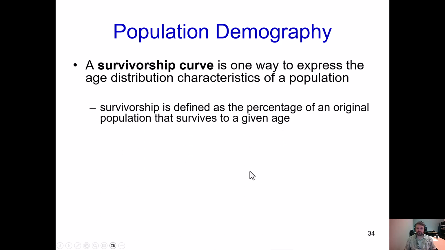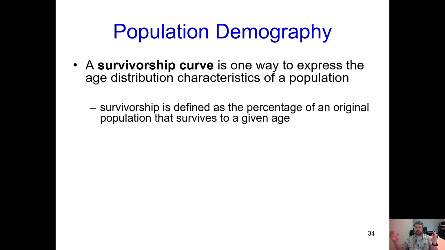A survivorship curve is really just a way to predict what's going to happen at different stages of a species' life. So early on, are you going to have a high amount of mortality?